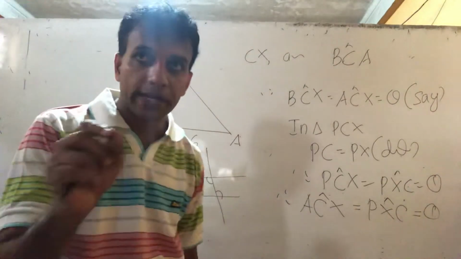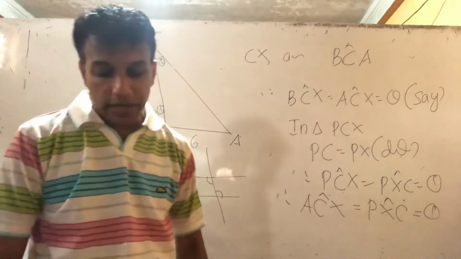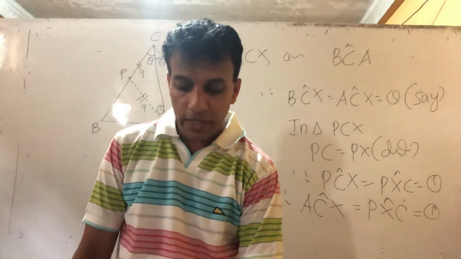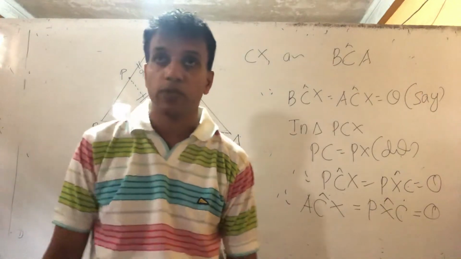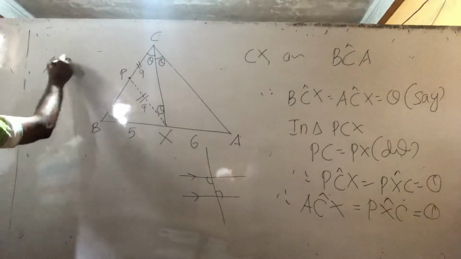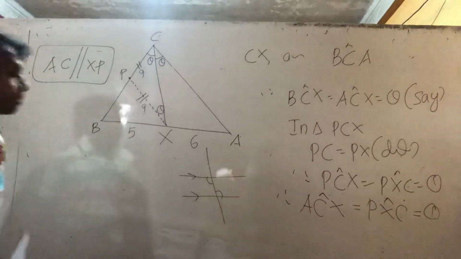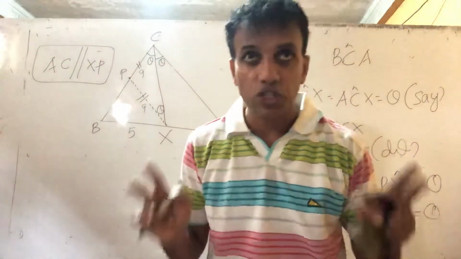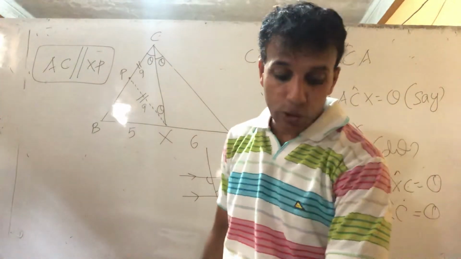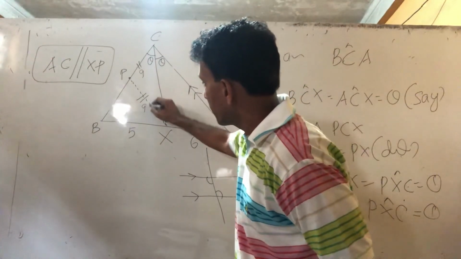Then you write an important sentence: alternate angles are equal. Therefore AC is parallel to XP. Very important part, because all such questions use the parallel idea. So I mark these two as parallel.